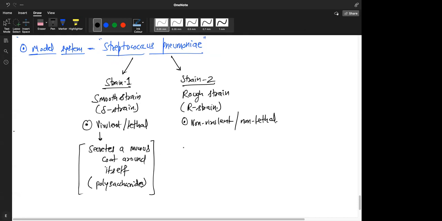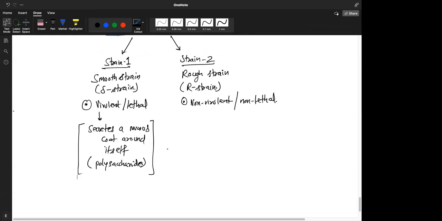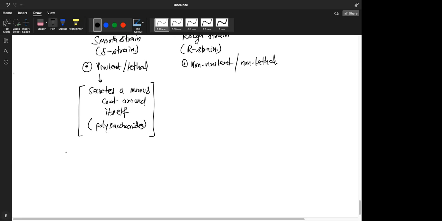So when you culture these two bacteria, you will see that the first strain will form very smooth and shiny colonies. Is it clear? Yes, sir. So you can write it forms smooth and shiny colonies on a culture plate. We culture bacteria on Petri plates, which are called culture plates.